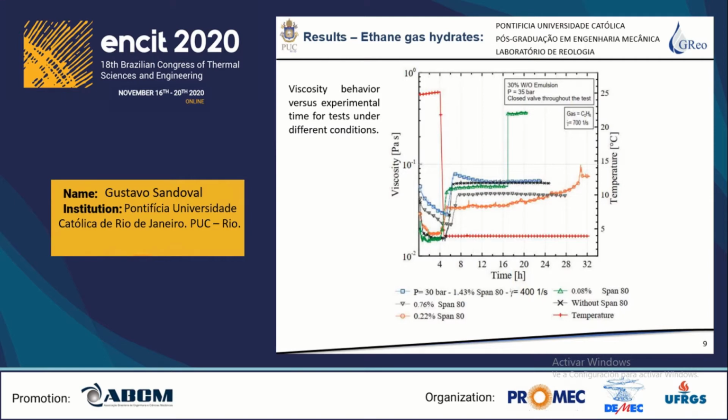Then the temperature is reduced from 25 degrees Celsius to 4 degrees Celsius at a constant cooling rate of 0.6 degrees Celsius per minute, and this final value of 4 degrees Celsius remains constant until the end of the experiment. Most of our tests were conducted at 30% water emulsion with ethane and with closed valve throughout the test. That means that the cell is pressurized until achieving the required pressure, and then it is closed.